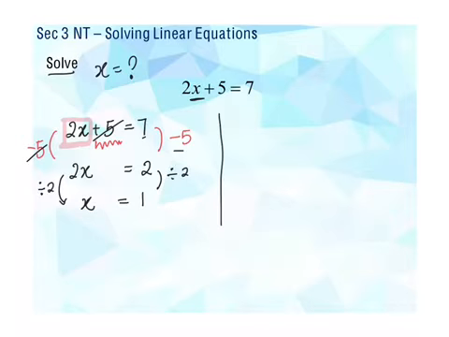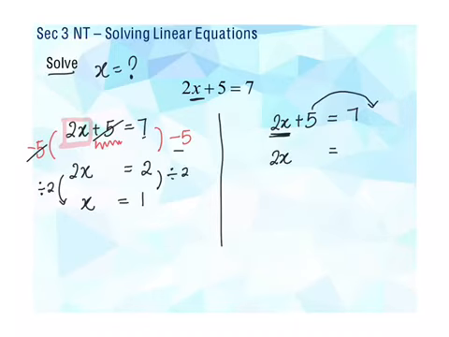Now some of you may do the other method where you bring terms over to the other side and reverse the operation. I want to keep 2x over here. I'm going to bring my positive 5 over to the other side. If I'm going to get rid of positive 5, I will minus 5. It will cross over to the other side.